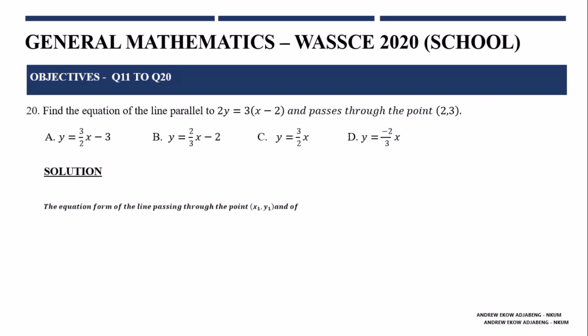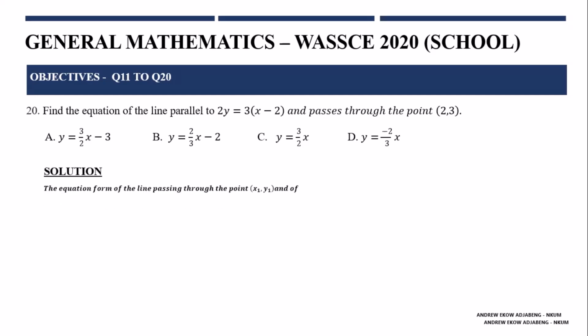So the right solution, we know that the equation form of a line passes through the point x1, y1, and it's of the gradient m. We know this as our standard formula for equation of a line. It can be this or that. This has been simplified as this.